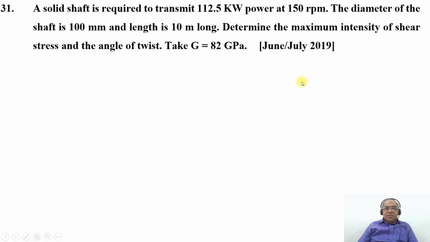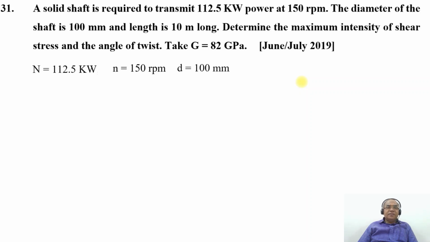So now we are going to analyze this problem. What are all the data given? The solid shaft is required to transmit 112.5 kilowatt power, so power capital N is 112.5 kilowatt, and at 150 RPM, so small n is equal to 150 RPM.